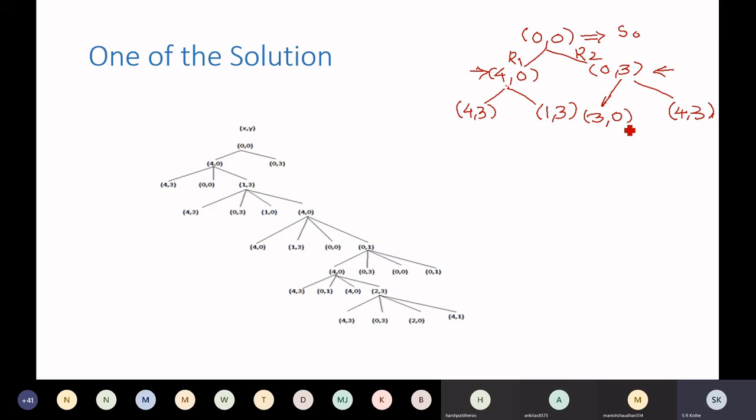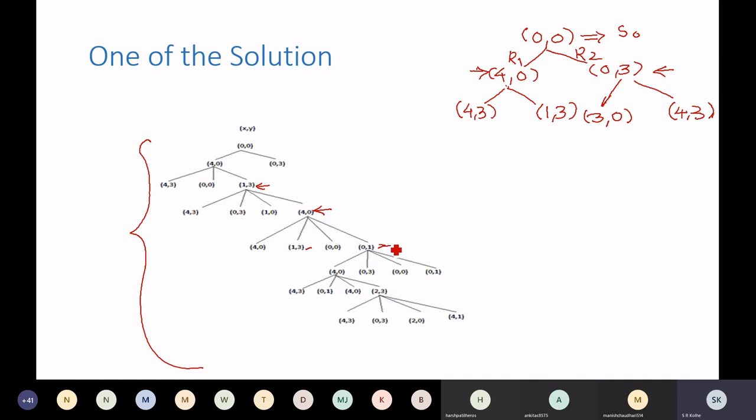So you proceed further. In this way, part of the state space is shown in this particular graph. You have started with (0, 0), then R1 is selected, so (4, 0) you got. Then next states are (0, 3) and (1, 3). So (1, 3) is the current state. From this (1, 3) you will get either (0, 3) or (1, 0) or (4, 0). If you make this (4, 0) the current state, possible states are again (1, 3) and (0, 1).